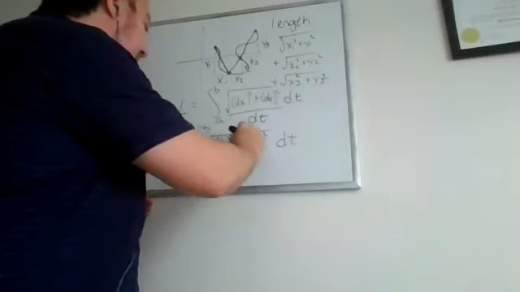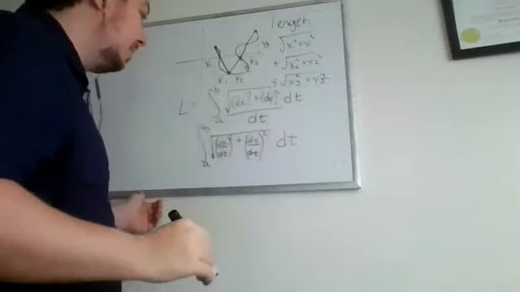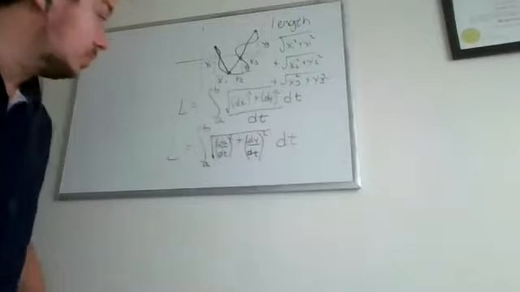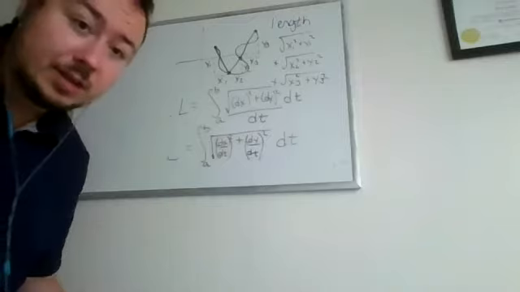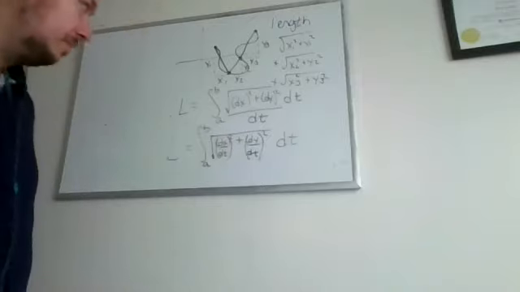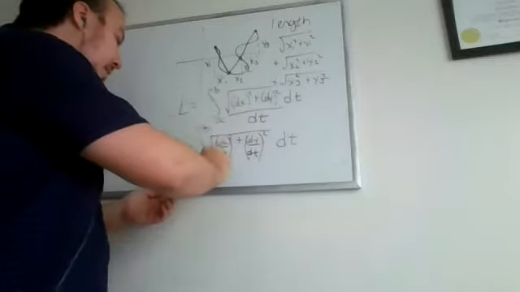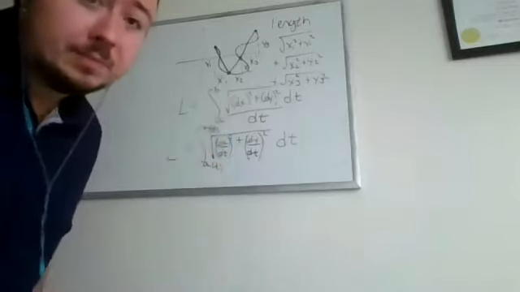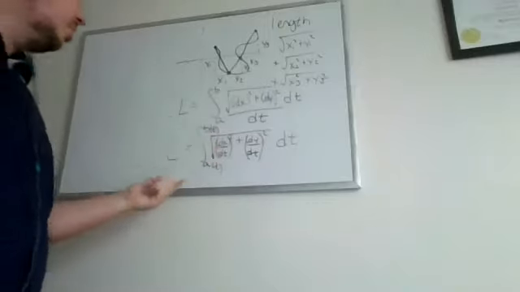So I have (dx/dt) squared, and then (dy/dt) squared. And this is the formula that we're actually going to use. We're going to use (dx/dt) squared plus (dy/dt) squared, since we're usually given those, and those are easier to figure out. And by the way, here these were x values, but these are going to be t values right here.